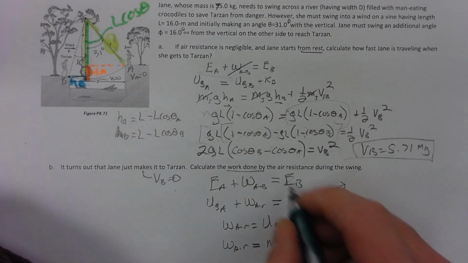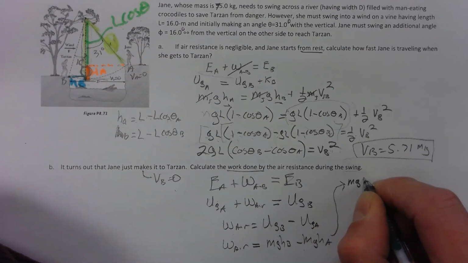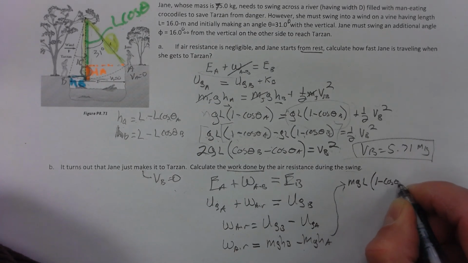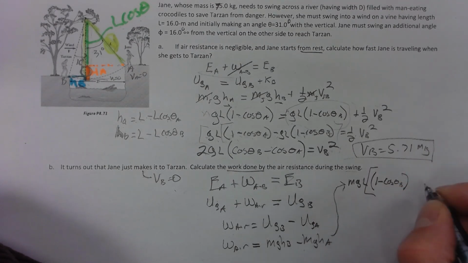Following that same outline of work, we've got mgL times (1 minus cosine theta B) minus (1 minus cosine theta A).